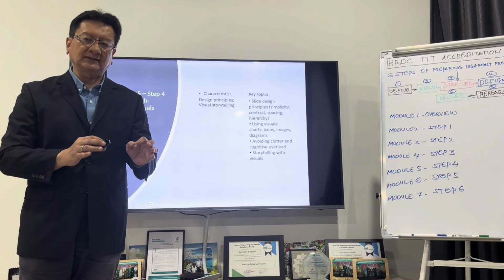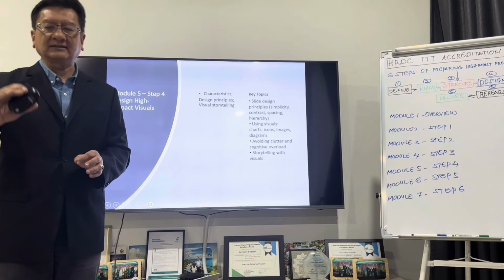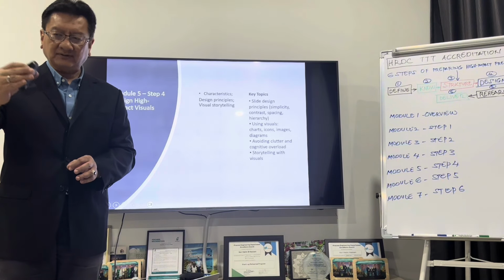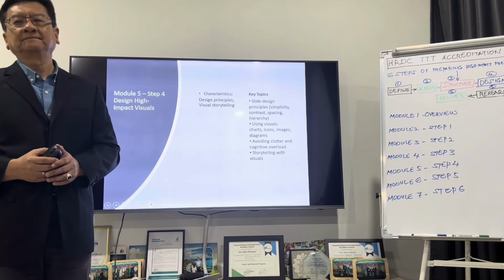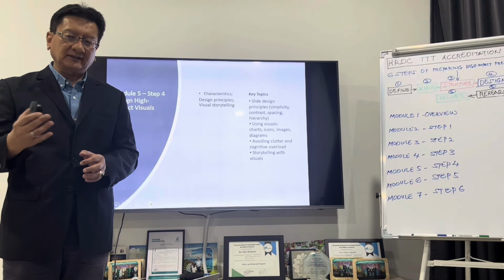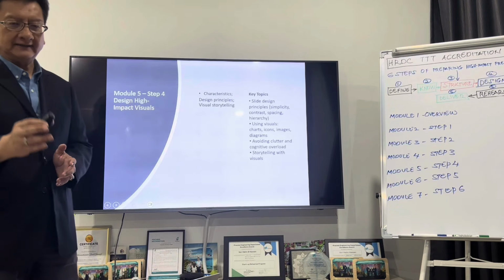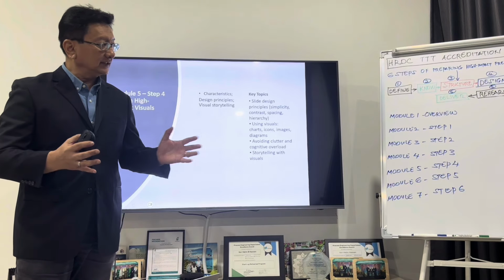Are we on the right direction? Are we on the right trend, for example? Are we improving, or are we in the deteriorating phase? And what are the steps that you want to take to improve that trend? That's good, Encik Amirul.